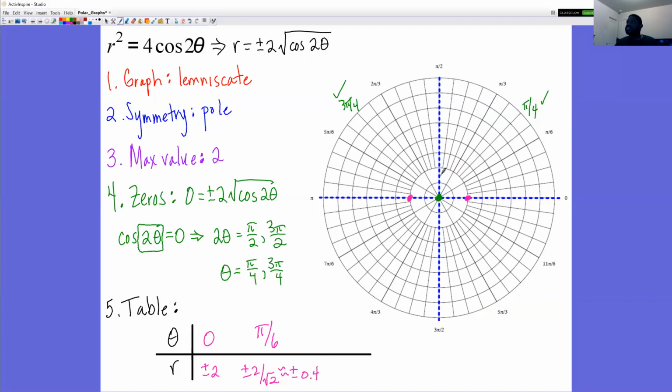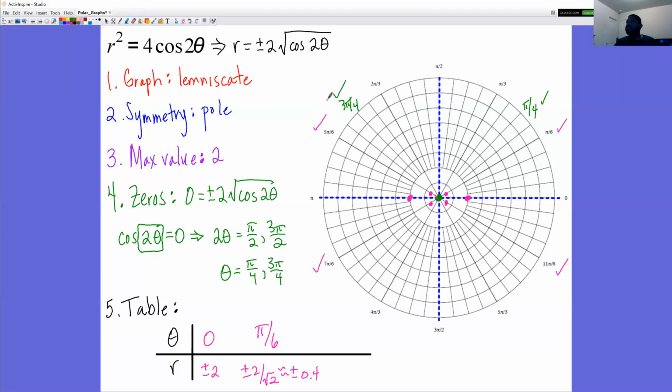So at pi over 6, you go 0.4 units from the pole, about right there, and 0.4 units in the opposite direction puts it there as well. But remember, this has symmetry with respect to the pole, so you get a point there and a point there, at these representative points. And there, and there. And I think we're ready to draw this lemniscate.